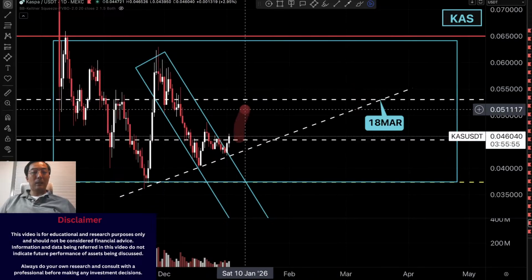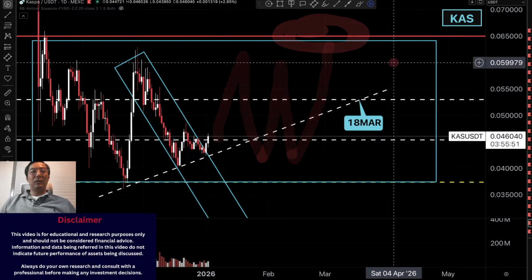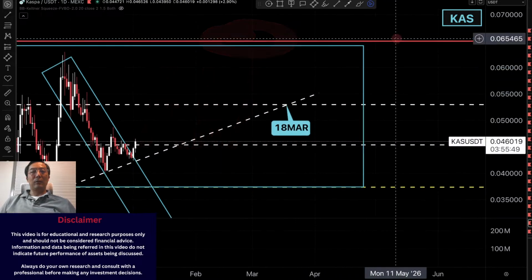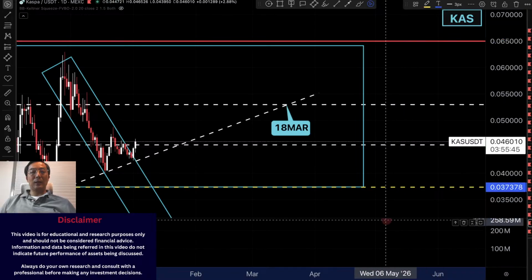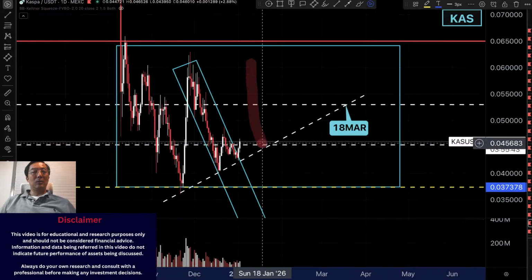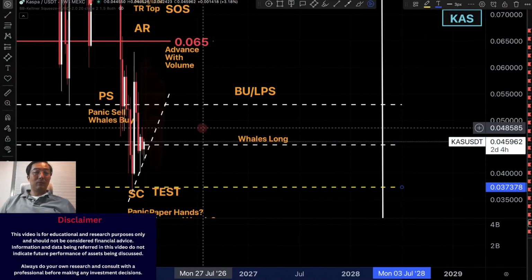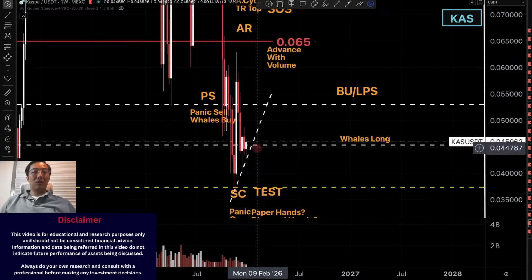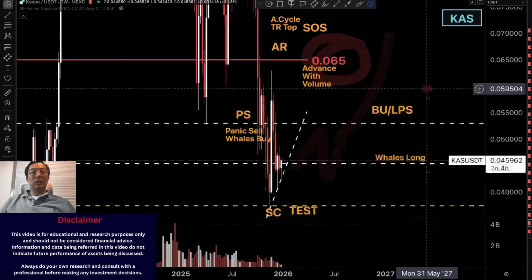But the base case is the sideways trading underneath the red key level of 6 cents 50 and above this yellow dash line of 3 cents 70. Definitely we want this to get finished sooner to get above the red key level of 0.065.